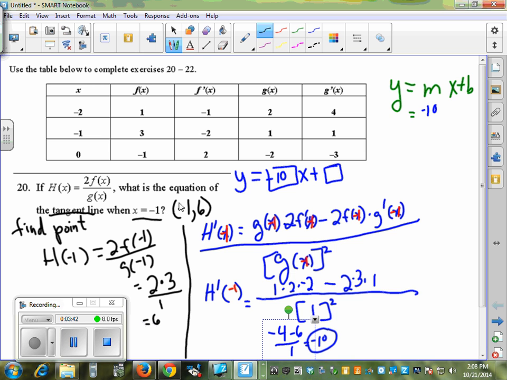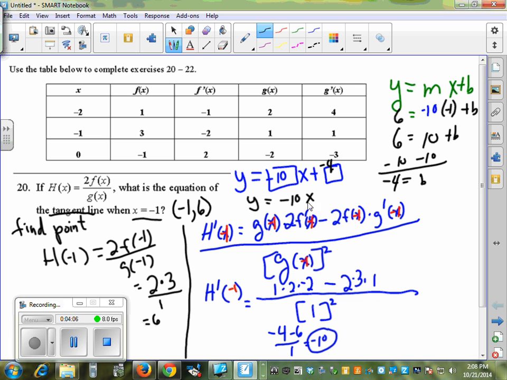We also know that the point of tangency is -1, 6. So that's 10 plus b, subtract 10. And we get b is equal to -4. So the answer is going to be y equal to -10 x minus 4.